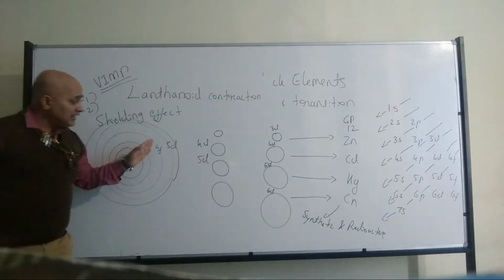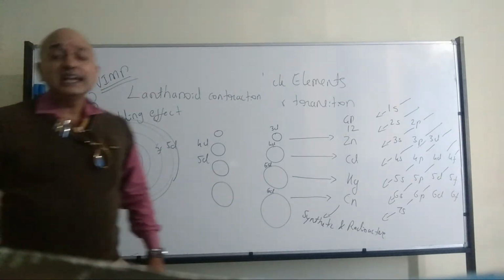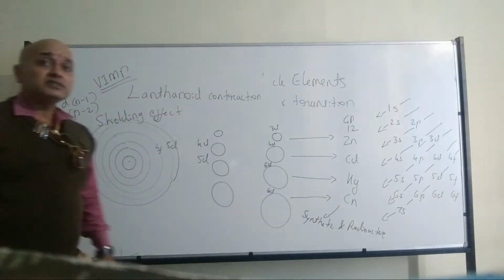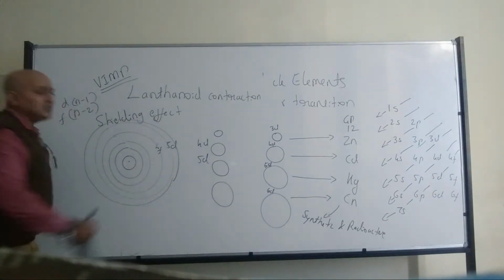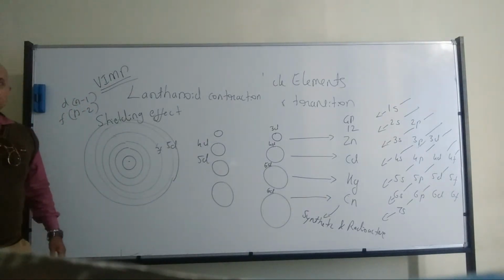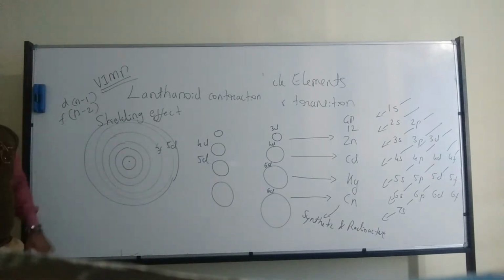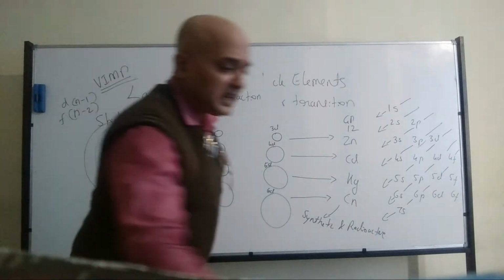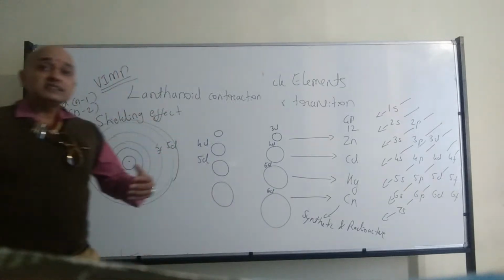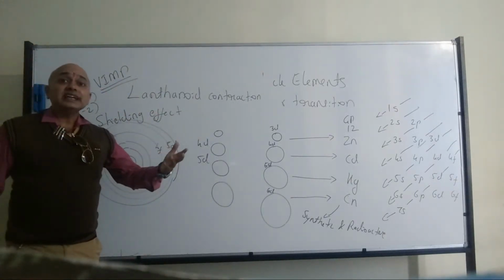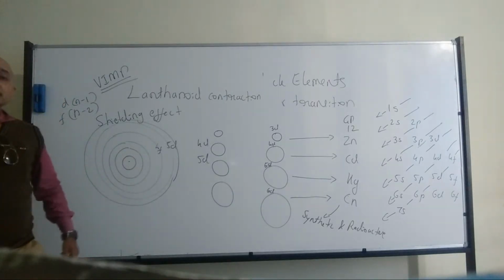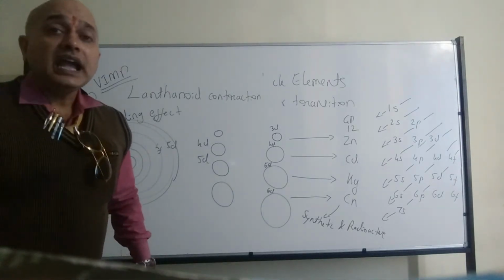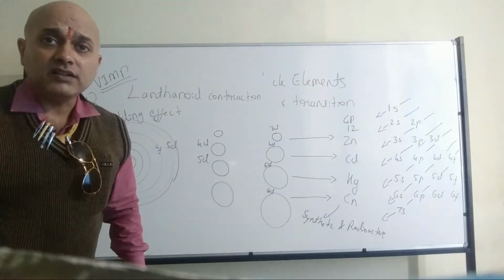So due to the weak shielding by the F subshell electrons on the outer shell electrons, there will be contraction in the atomic size. There will be a decrease in the atomic size, or I can say atomic size is not going to increase as expected. That is because of the less shielding effect shown by the F subshell electrons.